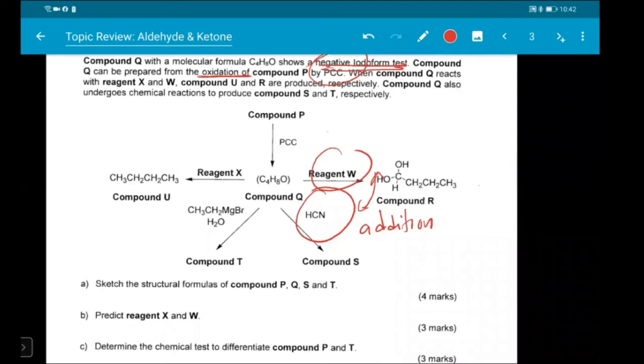Both of them involving addition reaction. Beza dia kat sini, dia bagi produk. Kompon R ni bagi produk. Ni kompon S ni tak ada produk, tapi dia bagi reagent. Reagent W ni kita dah tahu tadi adalah water in acidified medium. Alright. Kompon Q ni sila jawab di dalam grup Telegram anda.